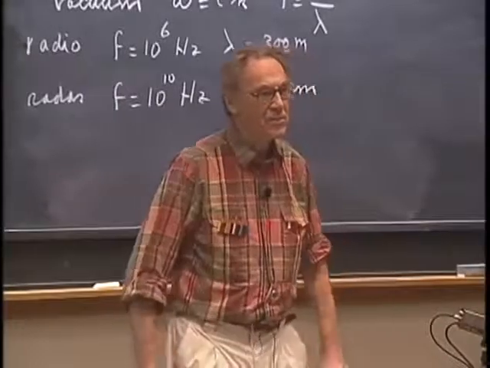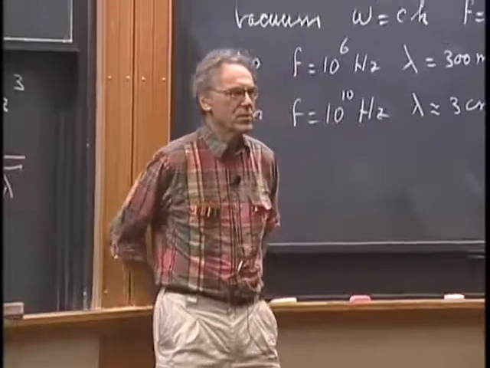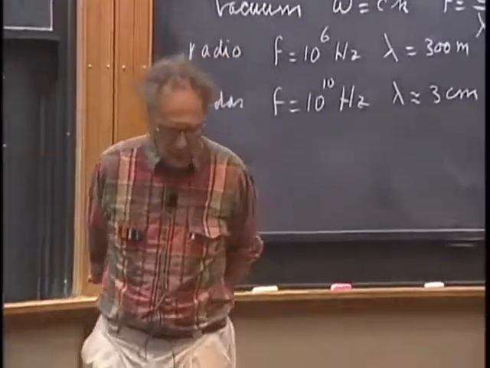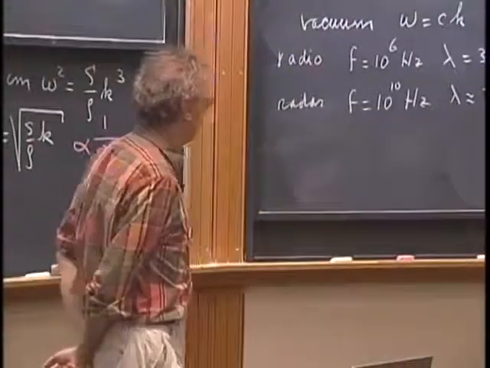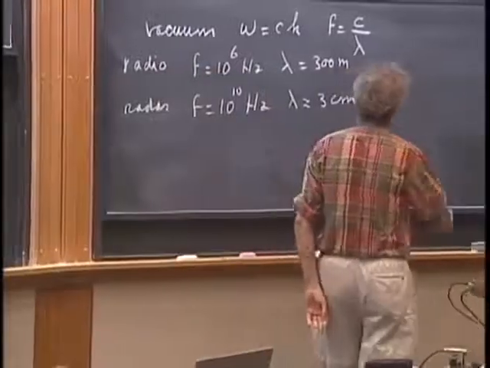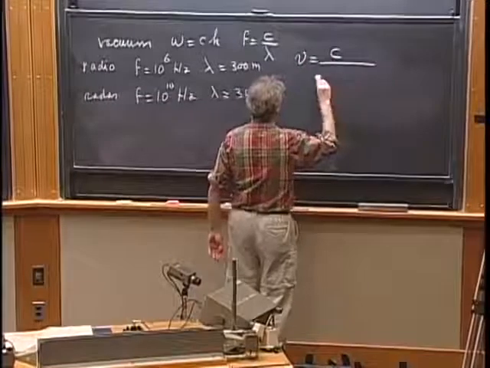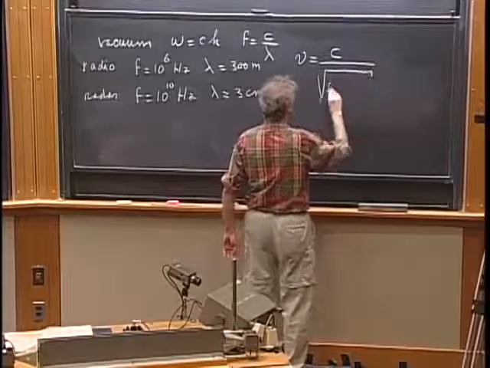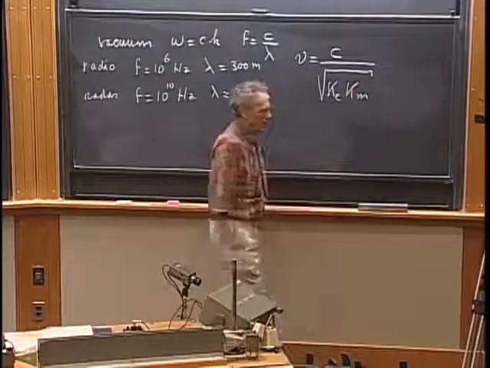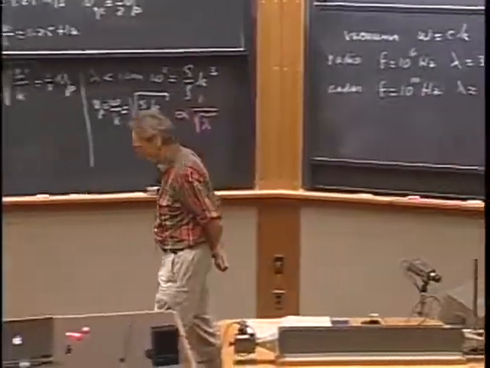Light in glass, or in water for that matter, is not non-dispersive. It is very dispersive. As we will derive in 8.03, the speed of electromagnetic radiation is c divided by the square root of the dielectric constant kappa E times the relative permeability kappa M, which you may or may not recognize from your 8.02 days.